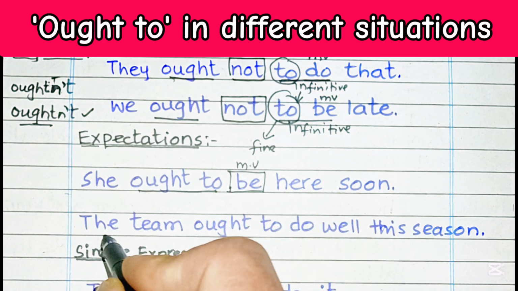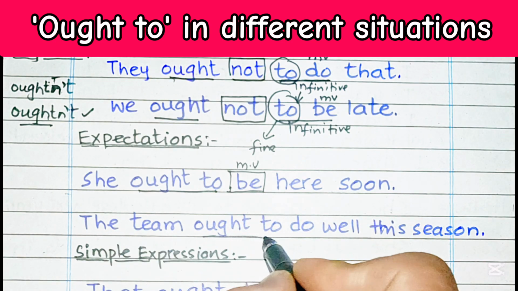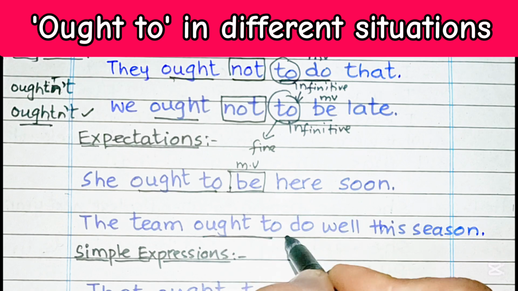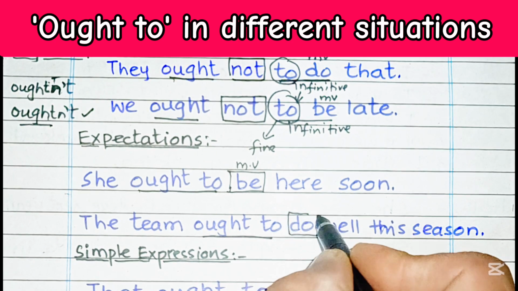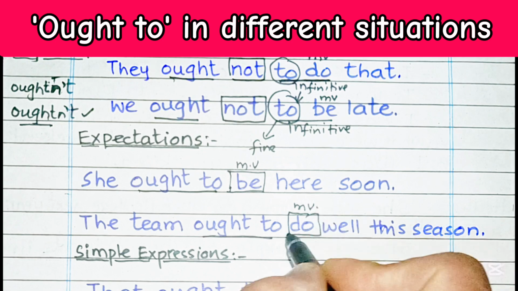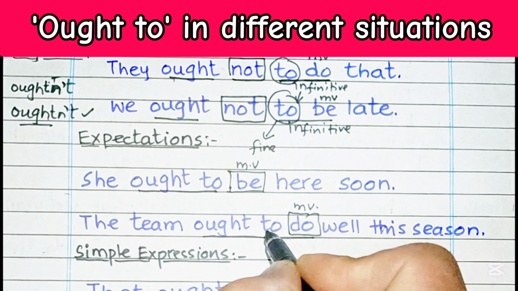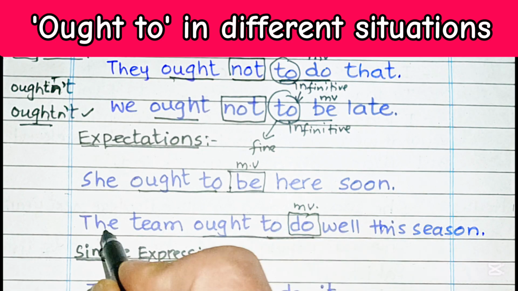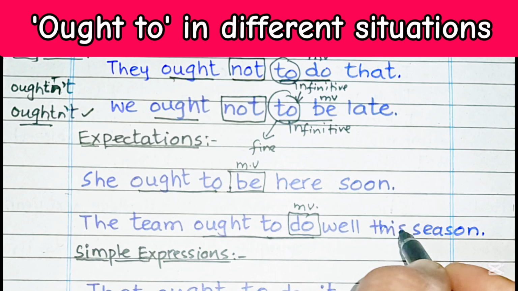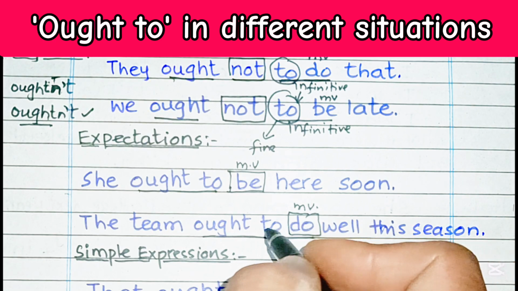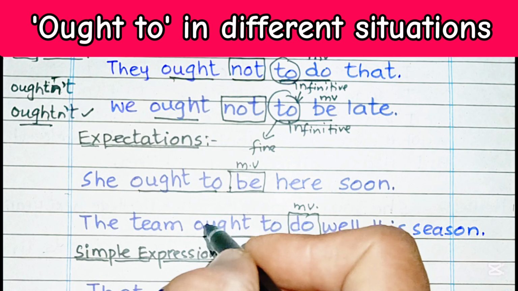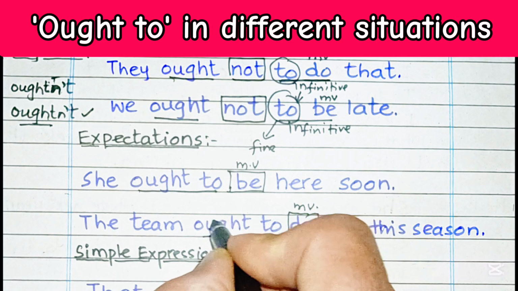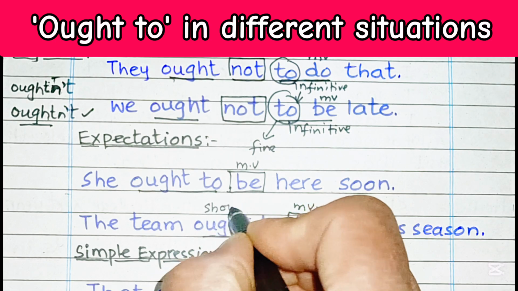Another sentence on the basis of this expectation: the team ought to do well this season. Over here, this is the main verb. If we join these together, it becomes an infinitive. The team ought to do well this season. It's again possible to use "should" in place of ought to over here.